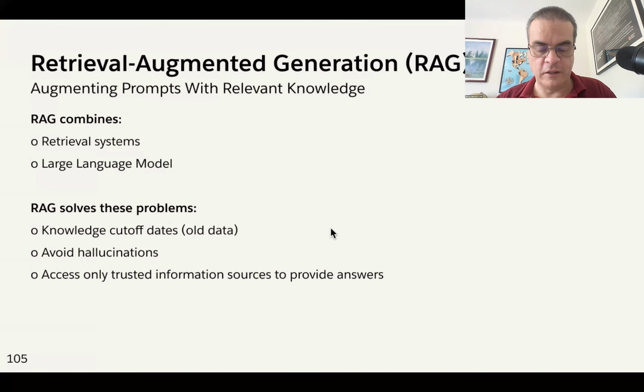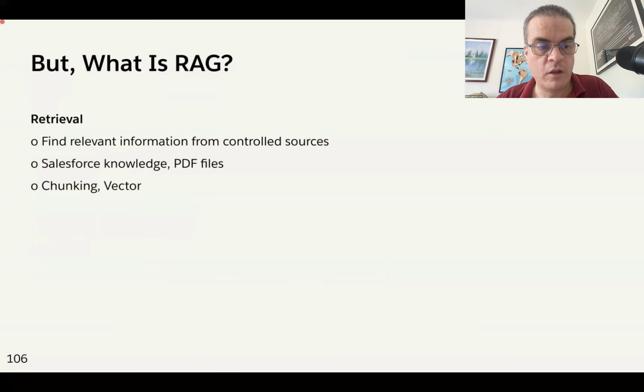It helps you because if you change the PDF, you don't have to retrain the LLM. You can just get the actual data from there. It avoids hallucinations if you do it properly, and access only trusted information sources that you provide, right? Not the LLM, but your actual prompt itself.